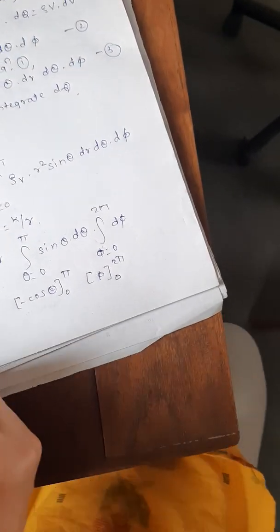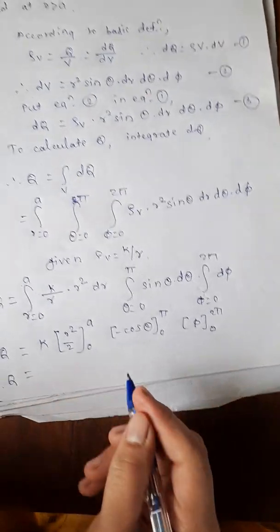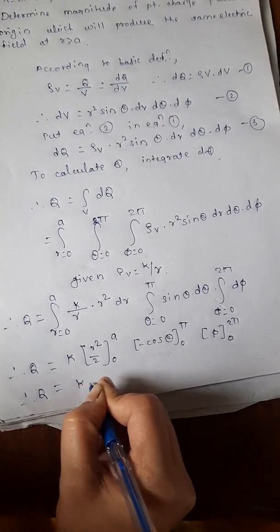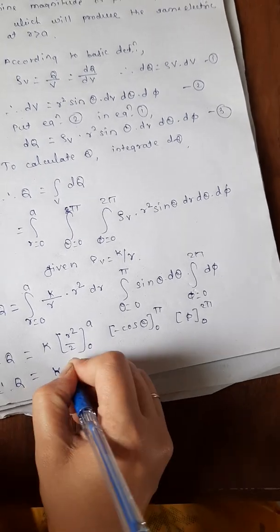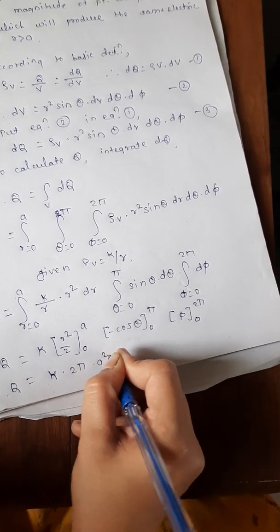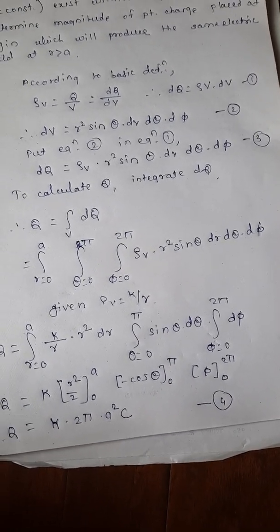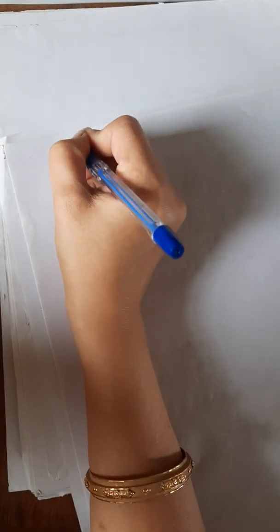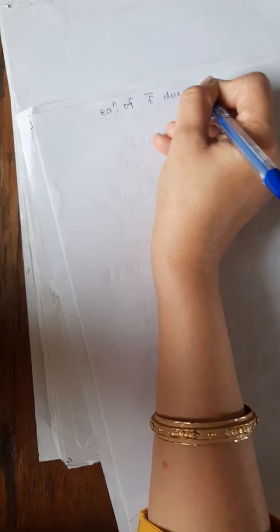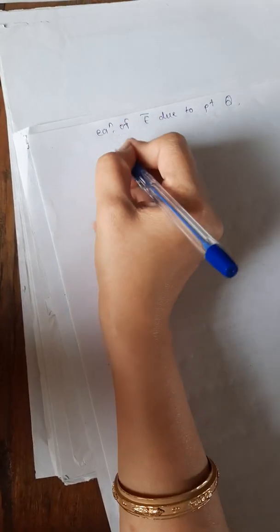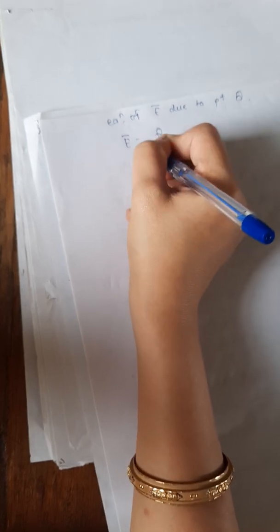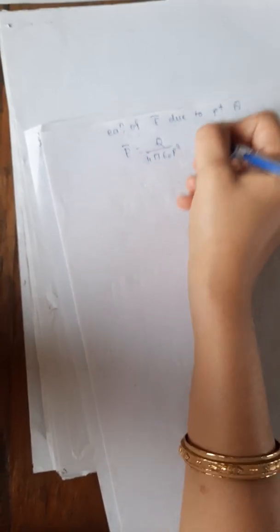So we substitute these values here and we get q is equal to k 2 pi a square. This is equation number 4. Now we have the equation of E bar due to point Q. So E bar is equal to Q by 4 pi epsilon 0 r square a r bar.